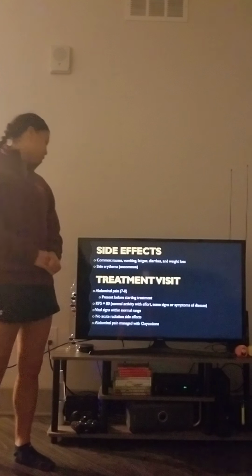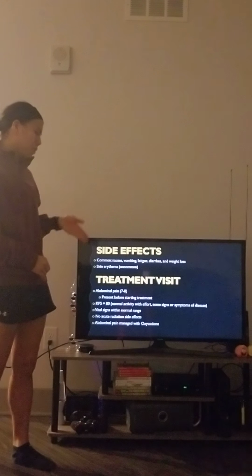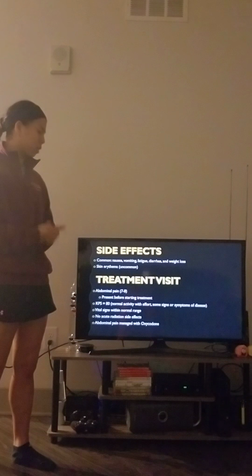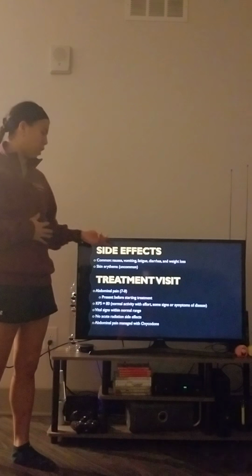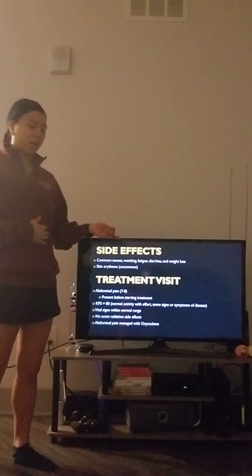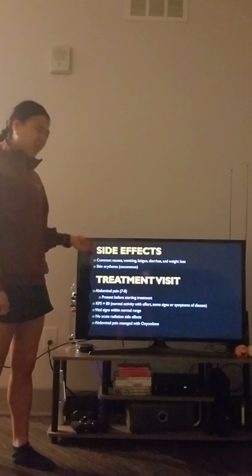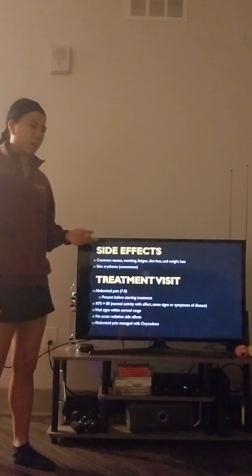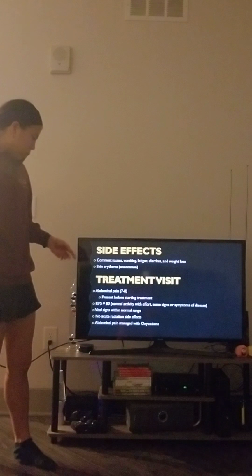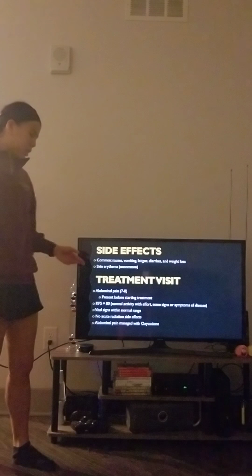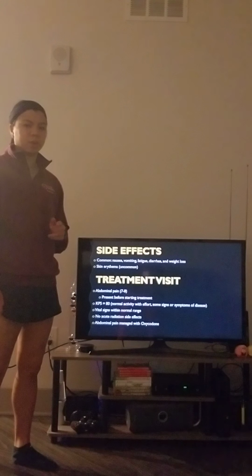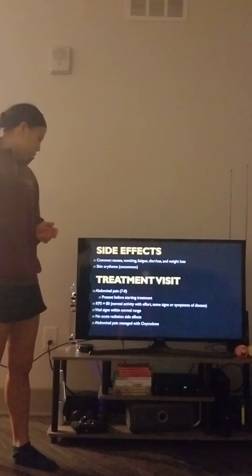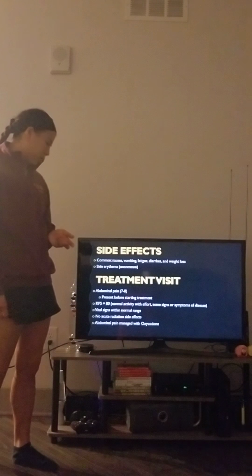As for side effects, the common ones people could experience when receiving pancreatic radiation therapy are nausea, vomiting, fatigue, diarrhea, and weight loss. They can have skin reactions or erythema, but it's pretty uncommon. At all of his treatment visits he had abdominal pain that he rated between a 7 and an 8, but that was present before his treatments began.